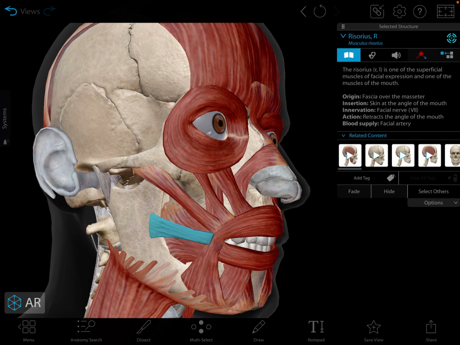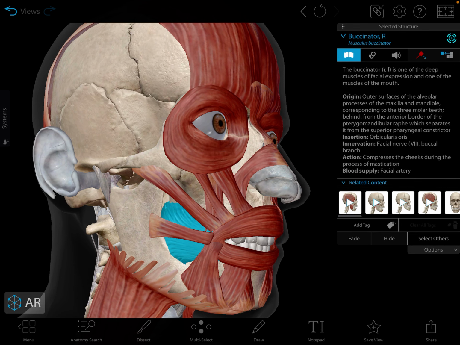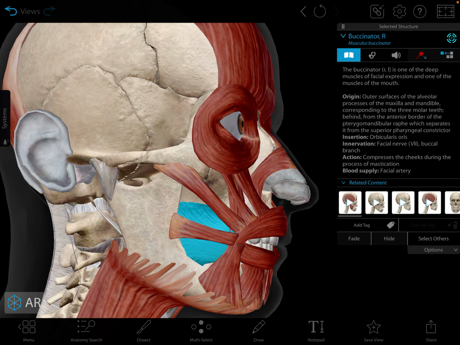All right, if we go deep to this muscle, we see this large one here known as the Buccinator muscle, okay? Some people pronounce it differently, but either is largely fine, okay? What this muscle does is, if you imagine just superficial to where this muscle is highlighted, this is where we'd have our cheek region, okay? So deep to this is our Buccinator. When this muscle contracts, it is compressing our cheeks as we are blowing something, as we are chewing, and we'll talk about different muscles for chewing in a separate video.